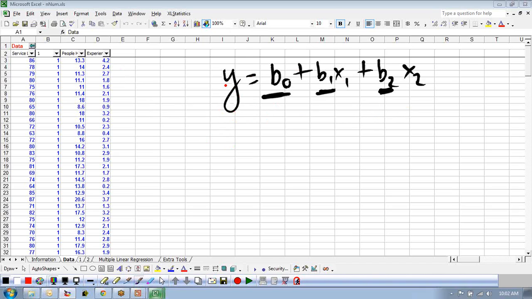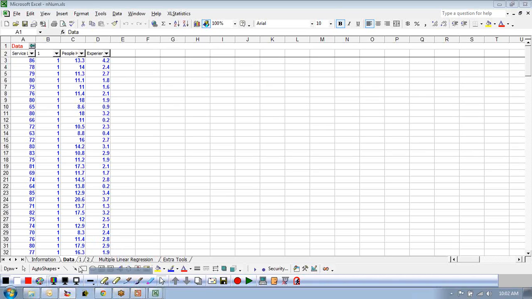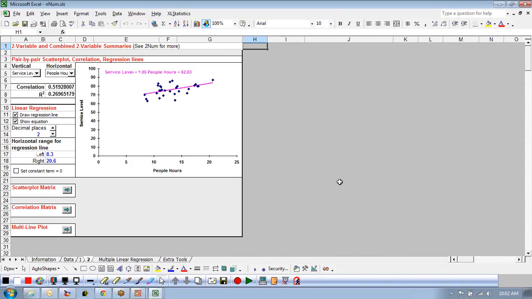All right, so before we do, let's remind ourselves when we fit just this equation before, we got none too stellar results. So let's just kind of remind ourselves of that. If you go to tab 2 here, it actually gives the regressions one by one, which is kind of nice.